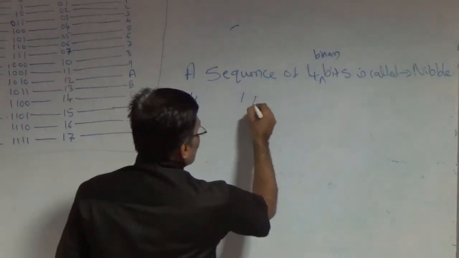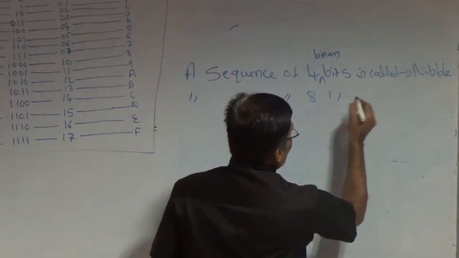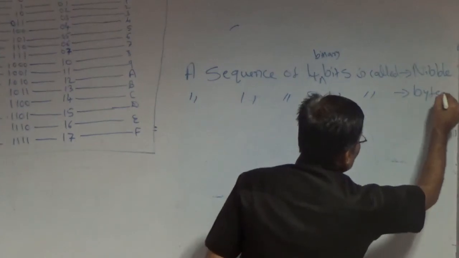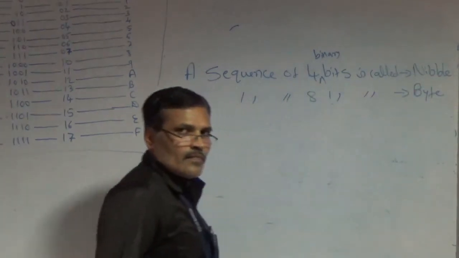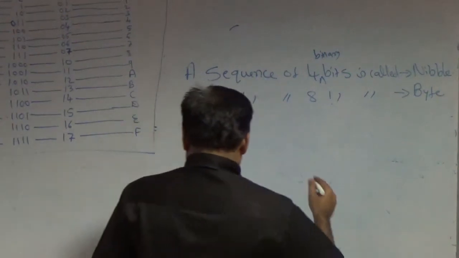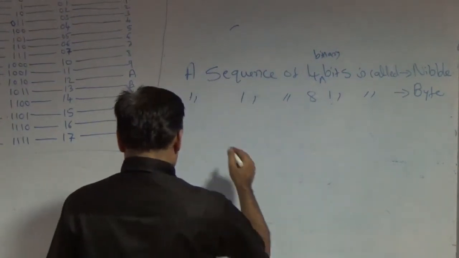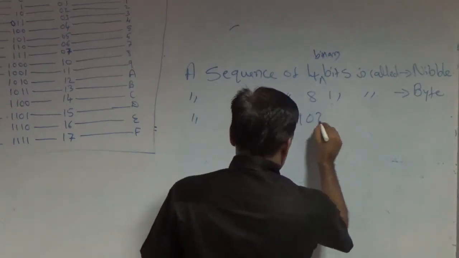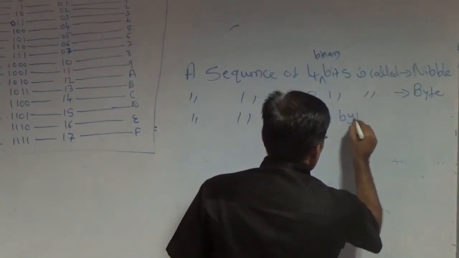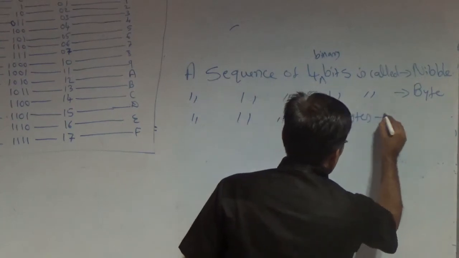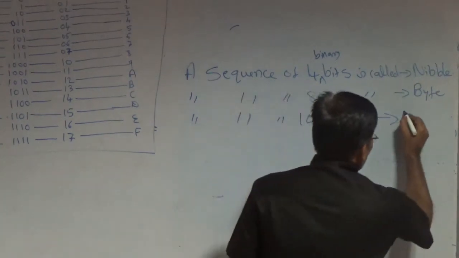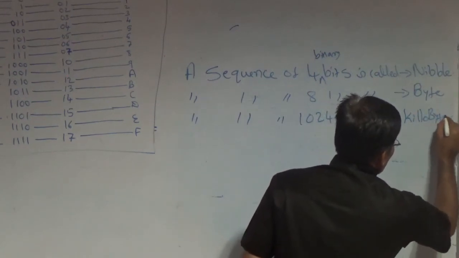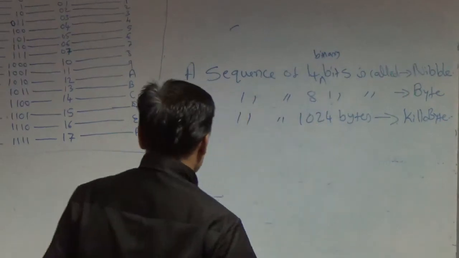Similarly, a sequence of 8 binary bits is known as a byte. Then a sequence of 1024 bytes is known as 1 kilobyte.